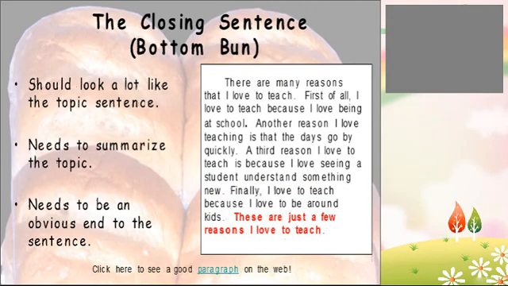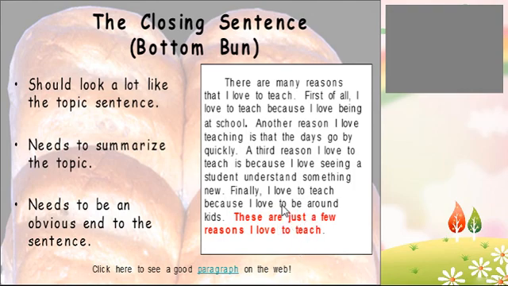And at the end, the closing or concluding sentence represents the bottom bun. It should look a lot like the topic sentence, summarize the topic, and be an obvious end to the paragraph. It should be like the first sentence in meaning, but we should not use the same words.